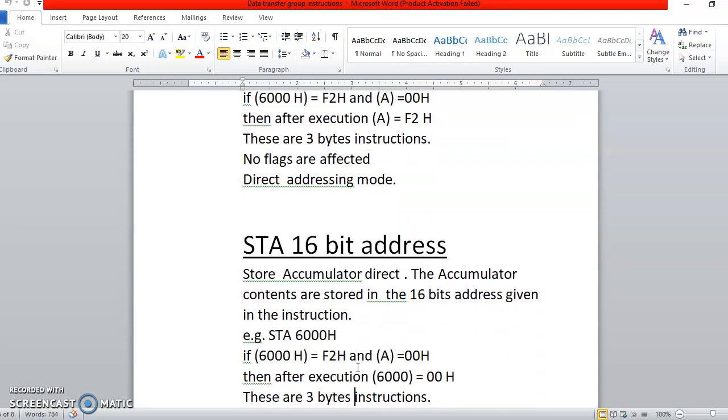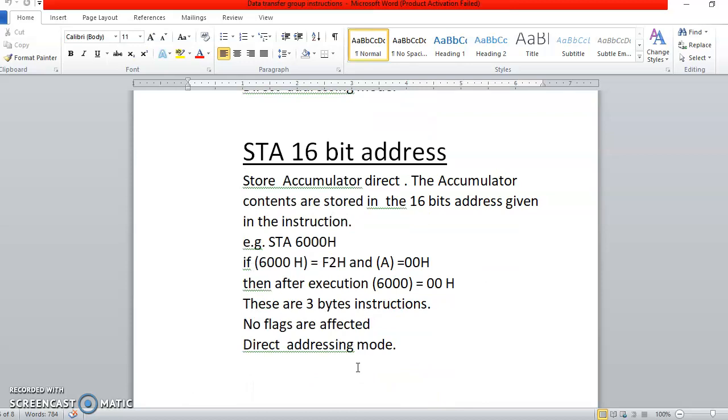Now STA, 16-bit address, is the opposite instruction of LDA. LDA was transferring the contents of the 16-bit address into the accumulator. Here the contents of the accumulator will be transferred to the 16-bit address. So if I say STA 6000, and earlier 6000 holds F2 and A is 00, then after execution of this instruction, the contents of 6000 become 00.